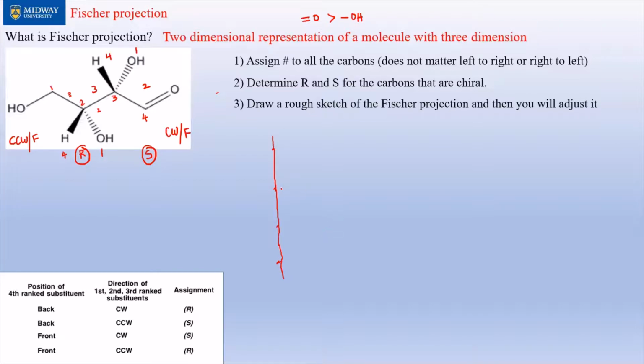Since I went from this way to this way, to be consistent I'm going to keep 1 here, then 2, 3, and 4. So 2 is where my first chiral carbon is, right? And 1 is a carbon. This is CH2OH, right?